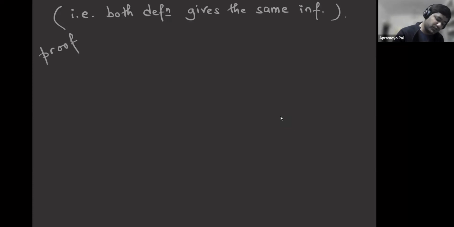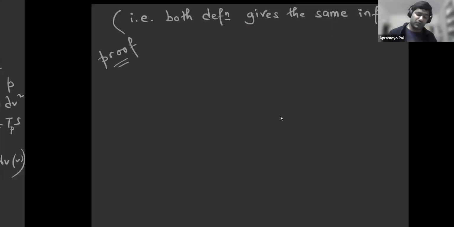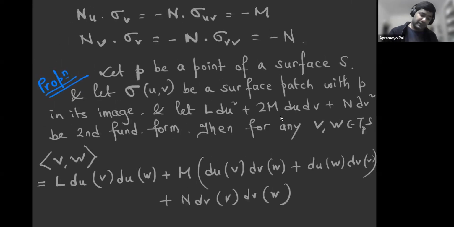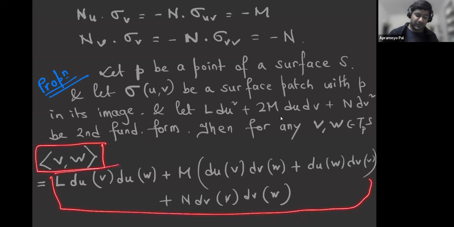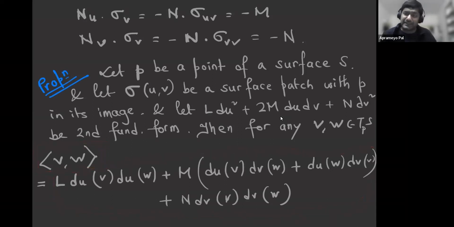So let's try to prove this. How should we prove it? Here there is a bilinear form, and here there is another bilinear form. It's a basic exercise in linear algebra: if it's a bilinear form, linear in every variable, then you don't need to prove it for all vectors in the plane.